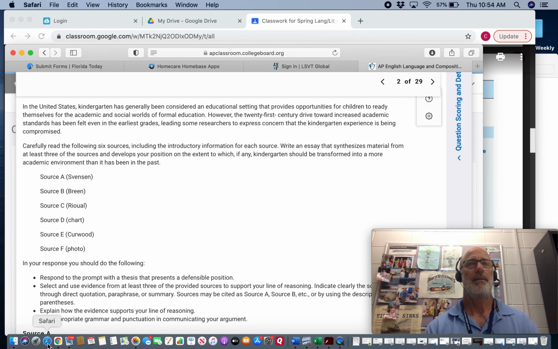And that's where that row C comes in, if you start discussing those levels of choice, but you need to choose a position. So, should kindergarten be transformed into a more academic environment than it has been in the past? My working or beginning thesis might be something to the tune of: kindergarten in the past has been almost a purely social and kinesthetic environment.